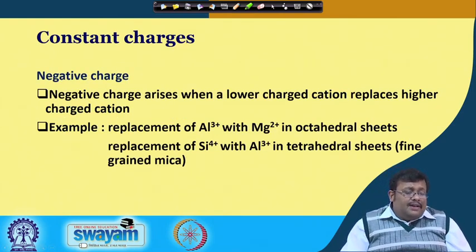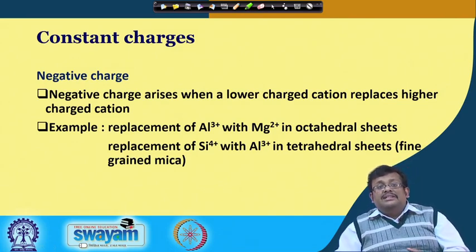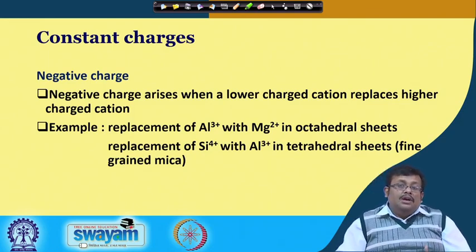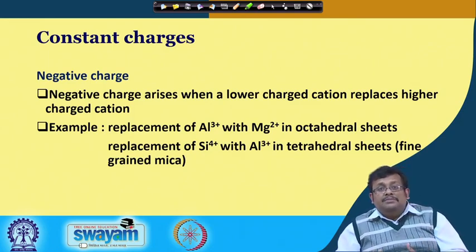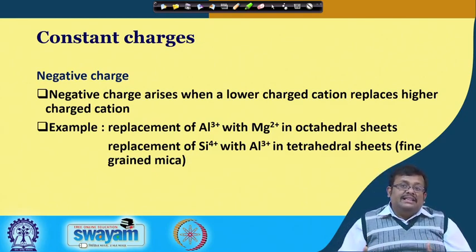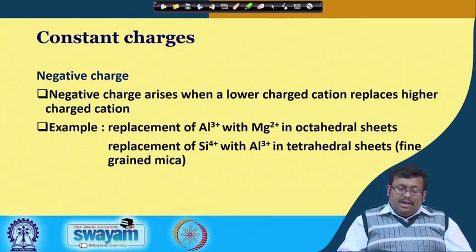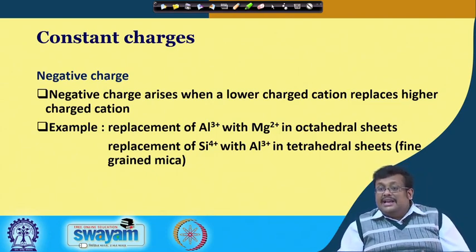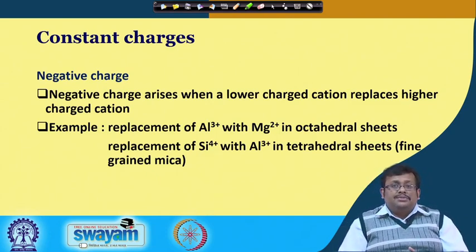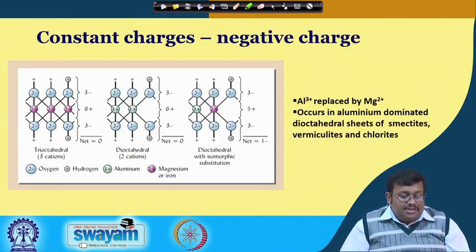This negative charge arises basically when a lower charge cation replaces a higher charge cation. We have discussed the replacement of Al3+ with Mg2+ in the octahedral sheet, and also replacement of Si4+ with Al3+ in a tetrahedral sheet in case of fine grained mica, if you remember. As a result of this isomorphous substitution, there is development of constant or permanent negative charge.